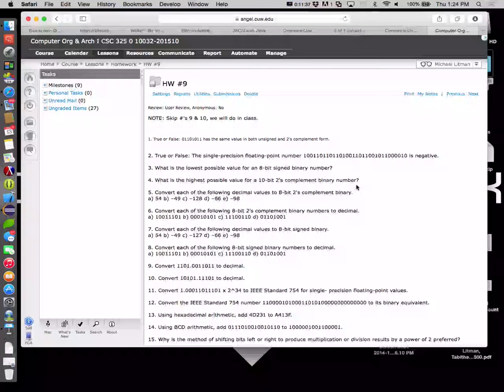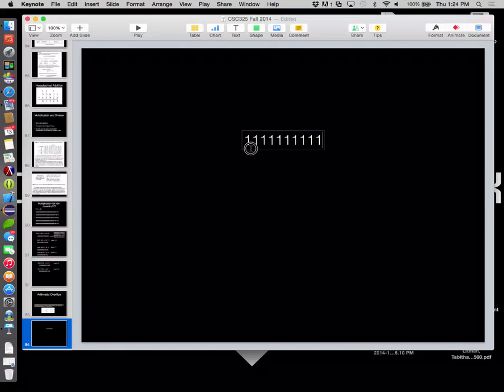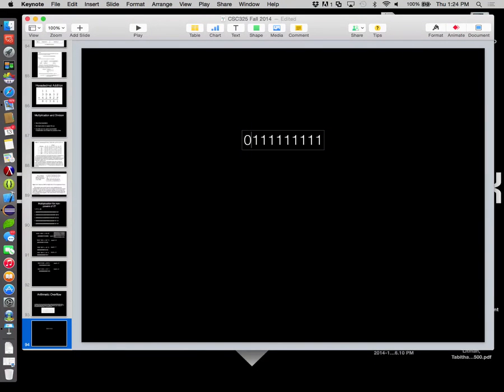Well, the highest possible value is going to need to be positive, right? So how do we solve this one? First bit has to be 0. So that guy right there is a requirement. 2's complement holds a sign. What else? Rest of them ones.